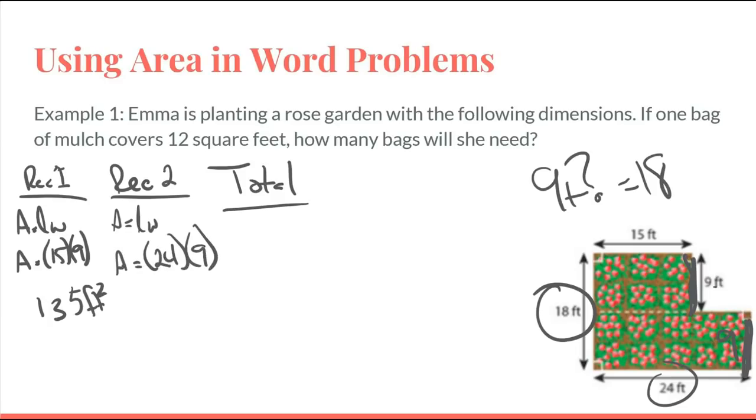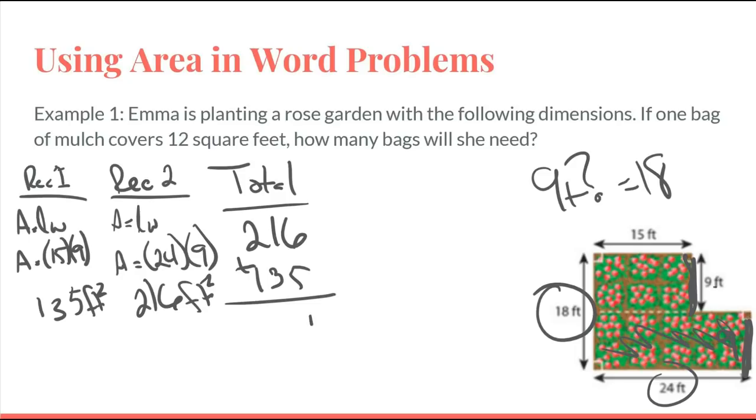My width is 9. And then I have to figure out what 24 multiplied by 9 is, which when I do my multiplication is 216. So that means that this bottom rectangle is 216 feet squared. That means my total is, I have to add my 2 rectangles together, 216 plus 135. Gives me 351 feet squared.